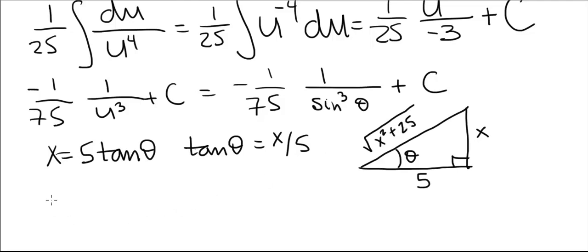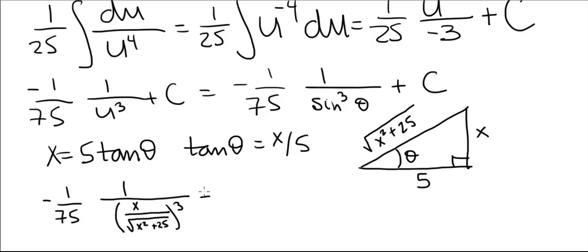So our solution is minus 1 over 75, 1 divided by sine cubed of theta. Now sine is opposite over hypotenuse, so that would be x divided by the square root of x squared plus 25, cubed, plus c.